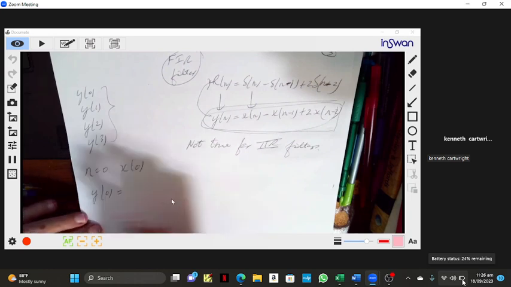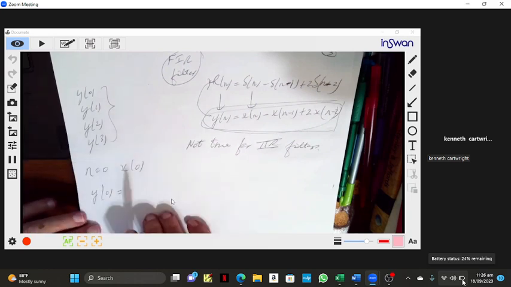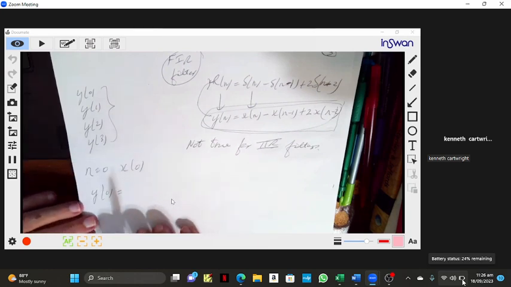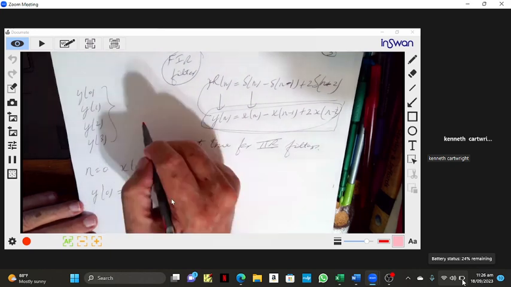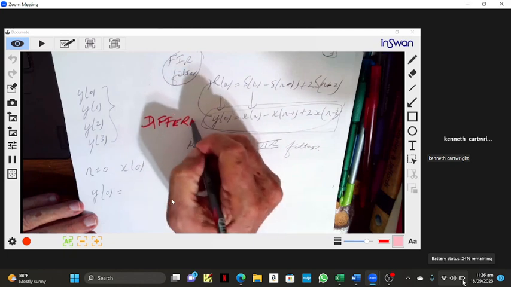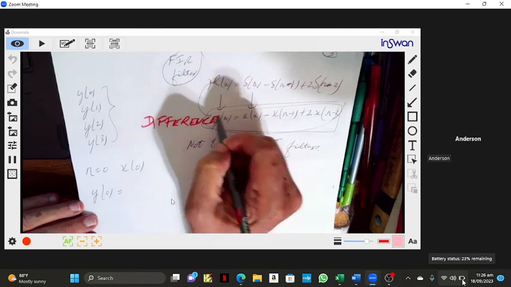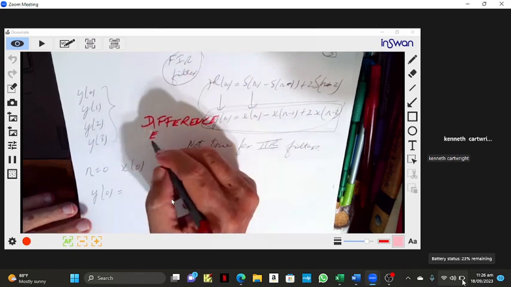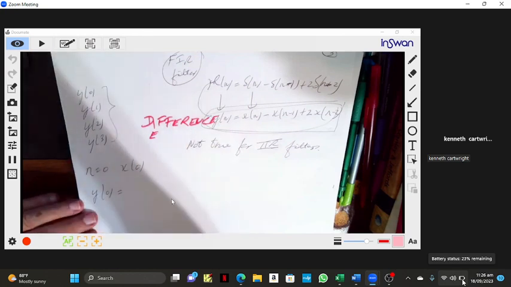I don't know why you don't know, Mr. Adley. We've only been doing this now for at least three lessons. This is called the difference equation. Oh, the difference. I thought you said differential. My bad.